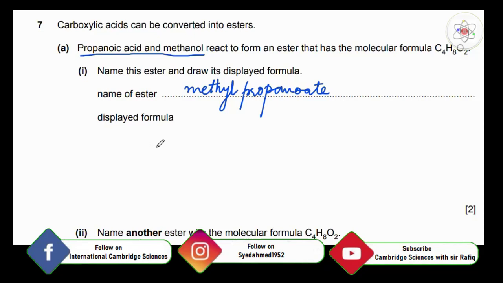For drawing the displayed formula of the ester, it is also very easy to draw. First of all, draw the structure of propanoic acid. Propanoic acid means there are 3 carbons in the chain. The first carbon is the carbon of the carboxyl group, and then complete the valencies of carbon with hydrogen.